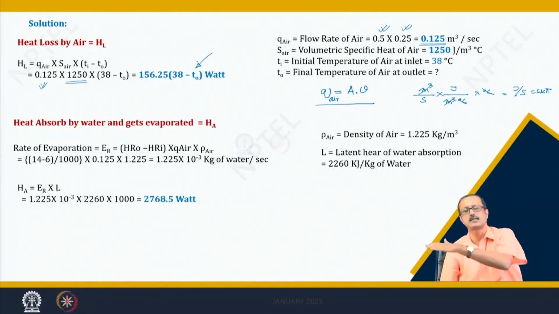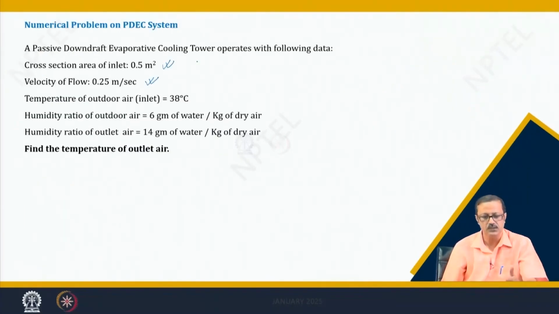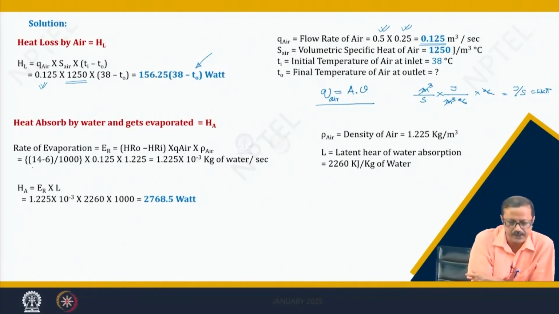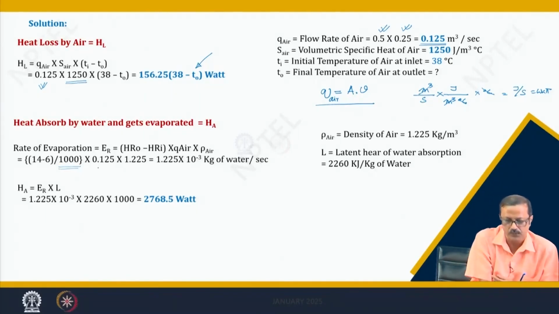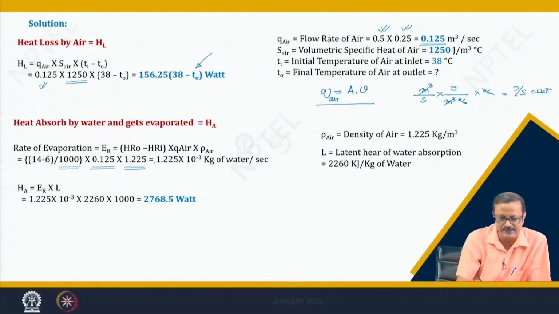So, now let us look at the other part of it, heat absorbed. I know the humidity ratio in and out, it was 6 gram to 14 gram per kg. So, this is 6 minus 14 divided by 1000, which converts from gram to kg, multiplied with the inlet air flow, that is 0.125, and 1.225 is the density of the air.